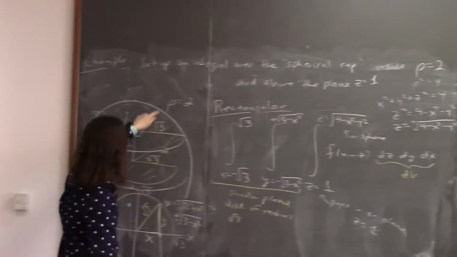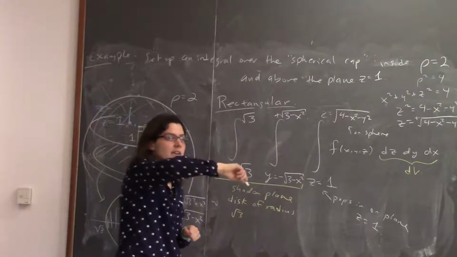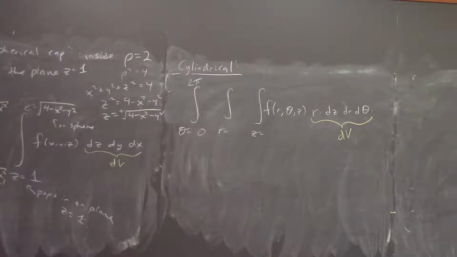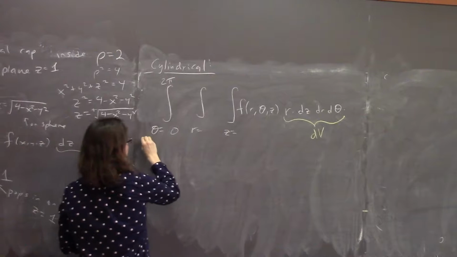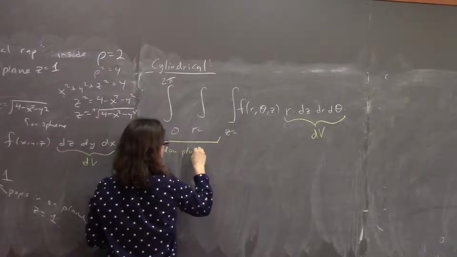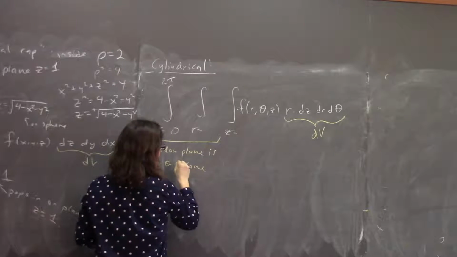OK, so looking at this spherical cap, it looks like theta goes all the way around. So we want theta to go from 0 to 2 pi. And now r. We're setting up our shadow plane again, actually. So our shadow plane here is the r theta plane, which is the same as the xy plane.